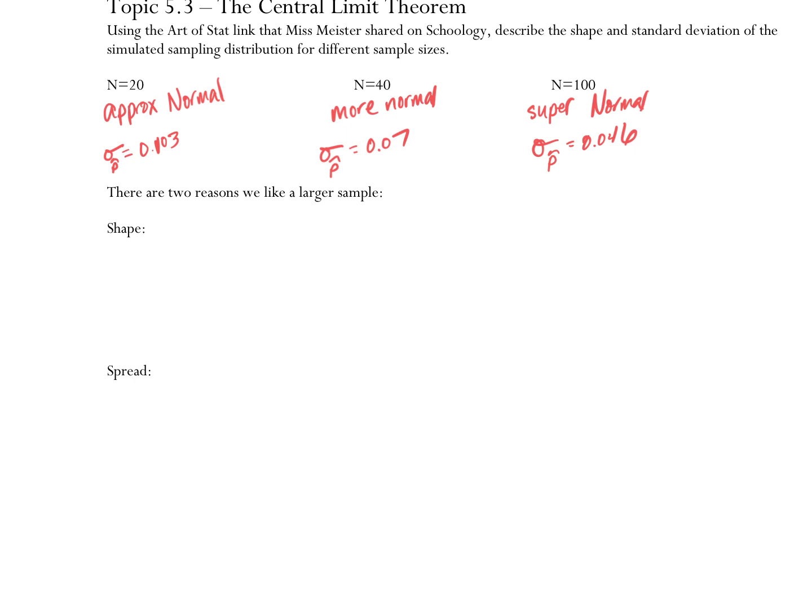Now, here's kind of why that happens. If I go back to my bin here, because I just think it's helpful to visualize, if I take a sample of, say, instead of doing all of them, I just take a sample of 11.